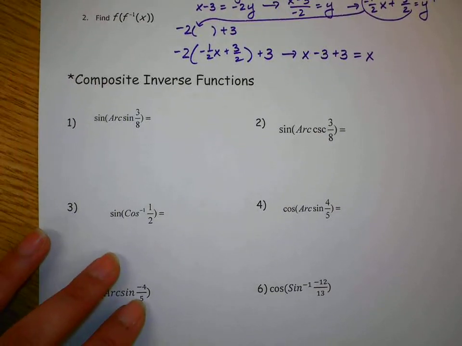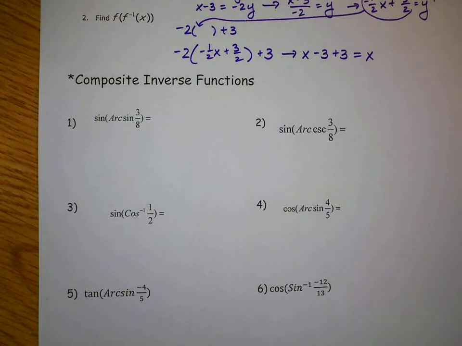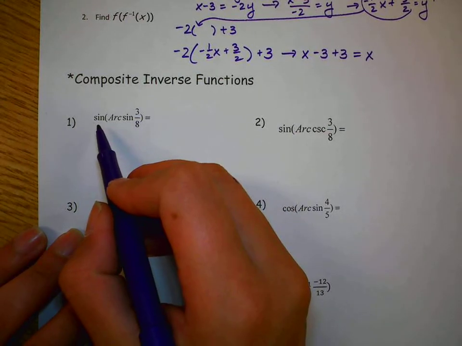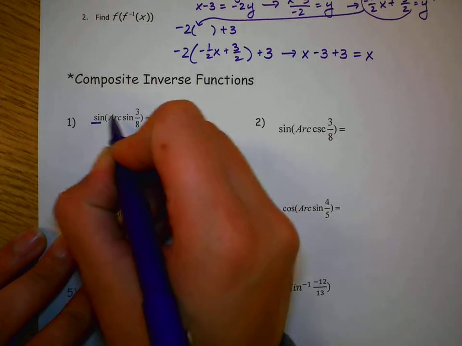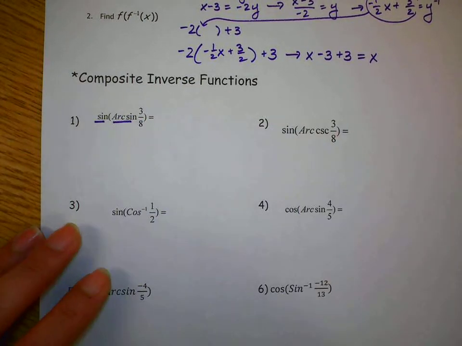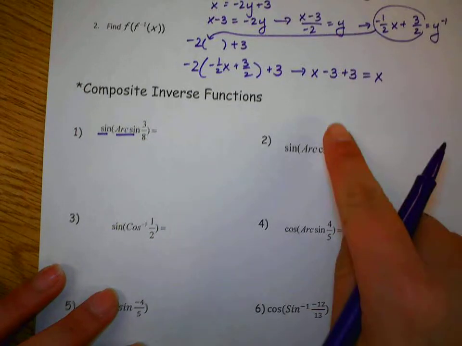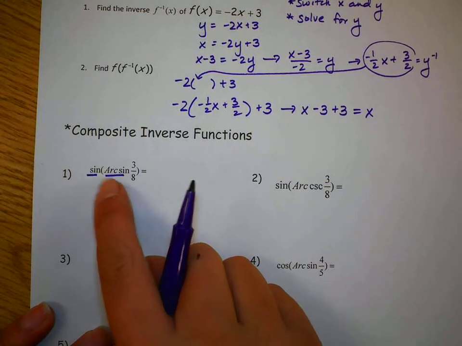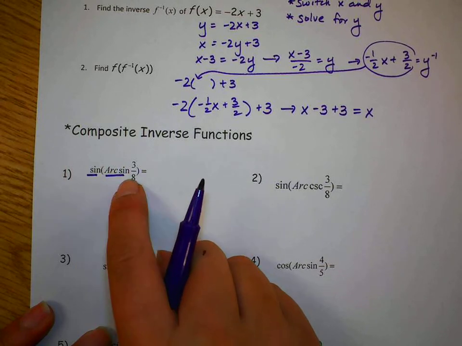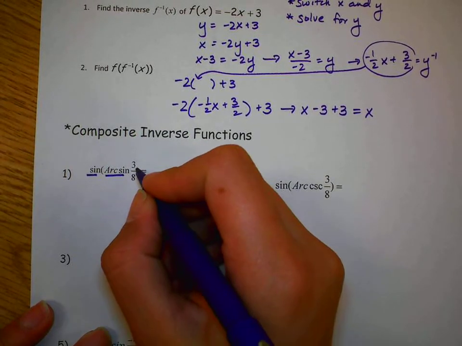We're going to do the same exact thing, but now you're going to look at some composite inverse trig functions. Okay, so what do you notice about number 1? We have a sine and an arcsine. So again, you're pretty much doing what we did up here. You have sine of its inverse, so it's going to pretty much be the argument itself.